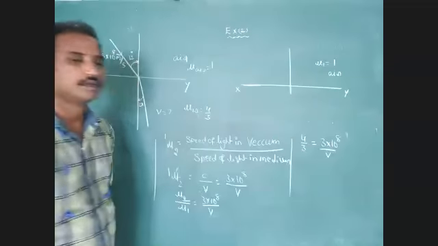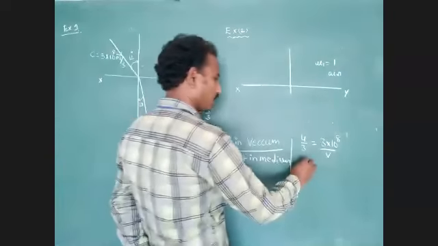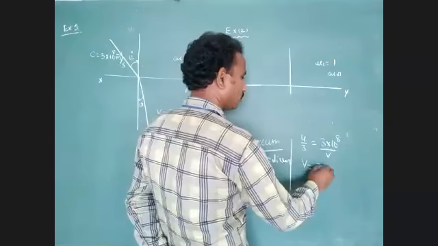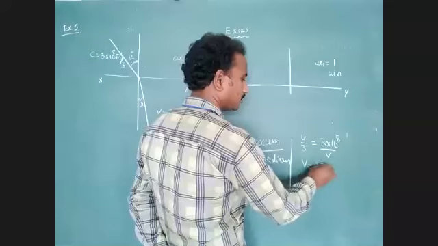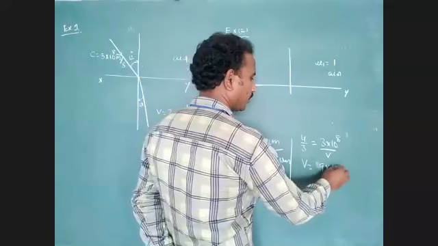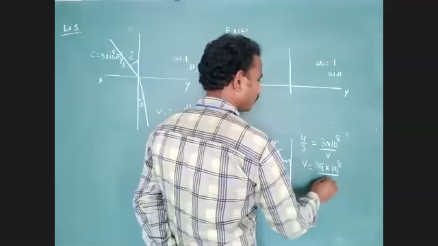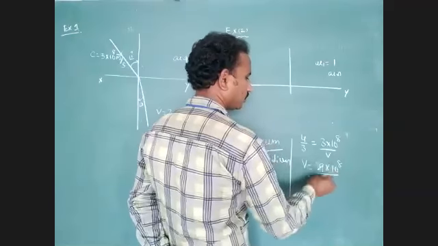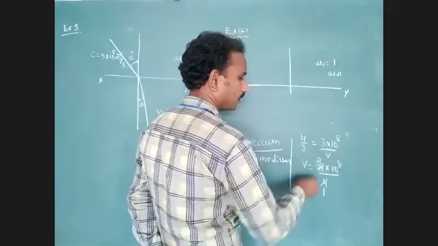Now we can write V equal to 3 times 9, 9 into 10 to the power of 8 divided by 4. 4 ones are 4, 2 fours are 8, remaining value 1.